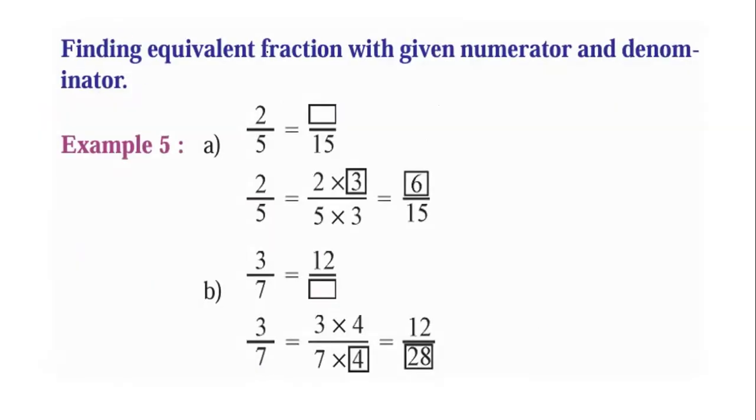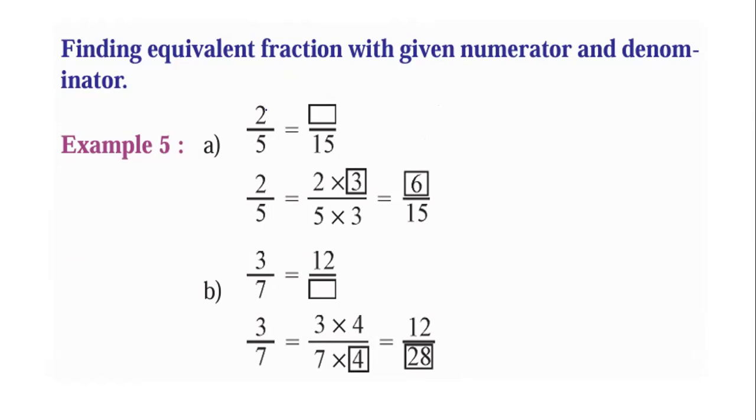See, find the equivalent fraction with a given numerator or denominator. They give one number, numerator or else denominator, and we can find the other part. 2 by 5, here 15 is given. If we multiply 5 with 3, we get 15.